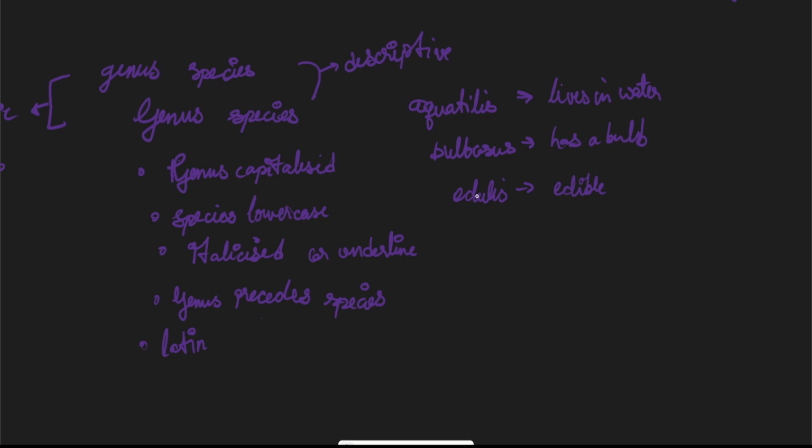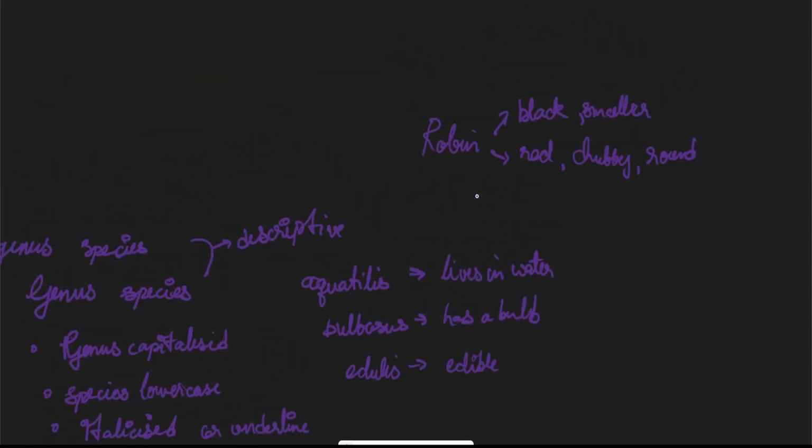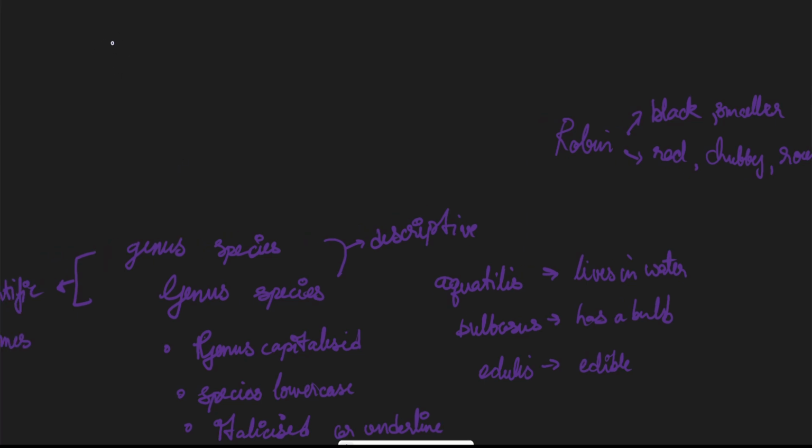So this is some common names. That's a tip: you can learn a little bit more about the organism in general. And this system is called the binomial nomenclature.